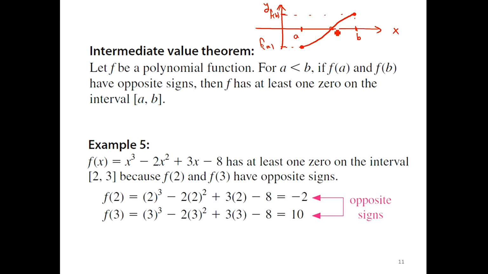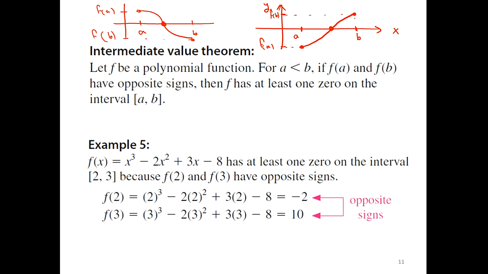So we have an x-intercept, so we have zeros of f of x for any polynomial. Also, if f of a is positive and f of b is negative, after drawing, we must have an x-intercept, and this is the zero of f of x.